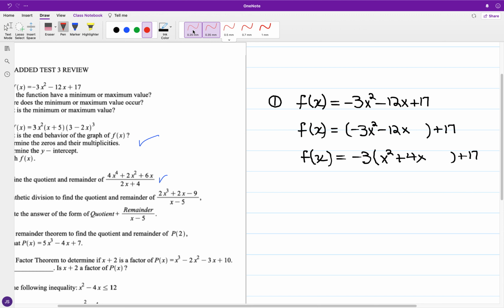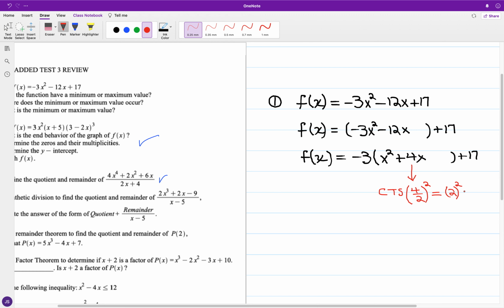Okay, now in crossing over to the completion of the square, now we have the first term in the parentheses to be x squared. So with the completion of the square, you look at the first order variable term, take the coefficient of that, divide by 2, and square it. So we have half of 4 is going to be 2. And that number is going to reappear in the vertex form.